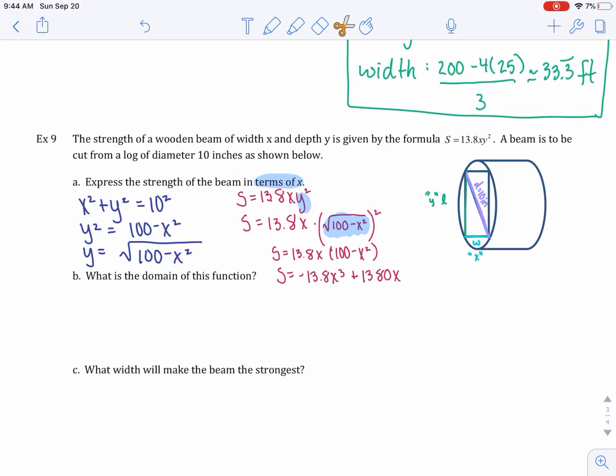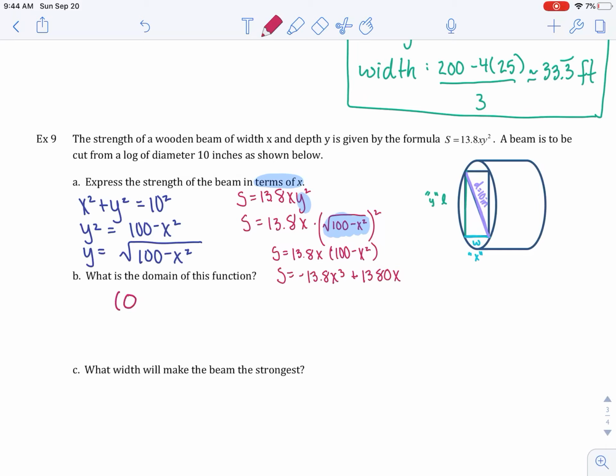What is the domain of this function? So if you graph this, it's probably a good idea to see, but the domain is talking about your x values, right? It has to be positive values that are in quadrant 1 only. We're talking about distance, length of beams and stuff, so it needs to be positive.